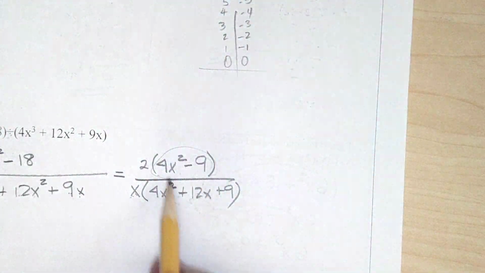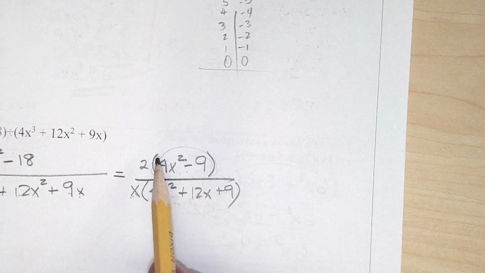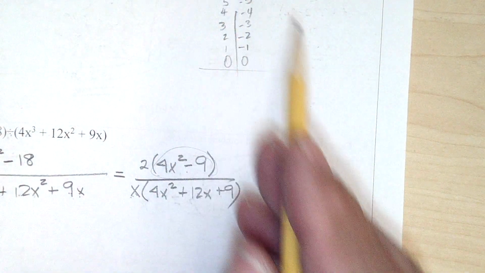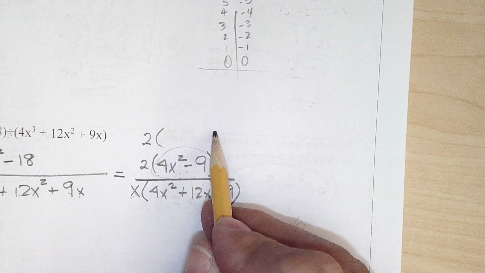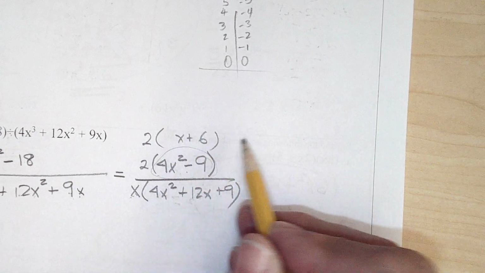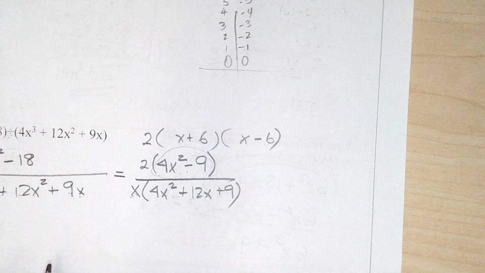They all add up to be 0 x's. And do I get anything that multiplies to be minus 36? I think they're right there. So I have x plus 6 and x minus 6.